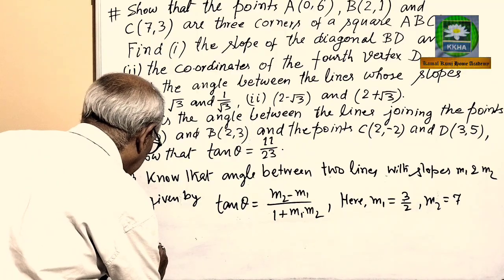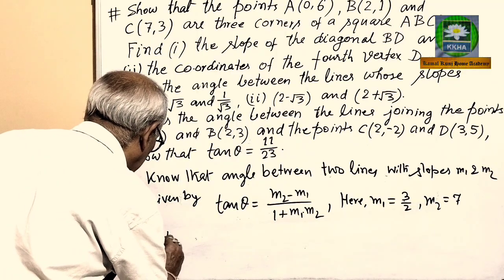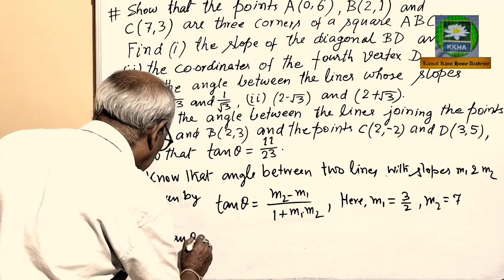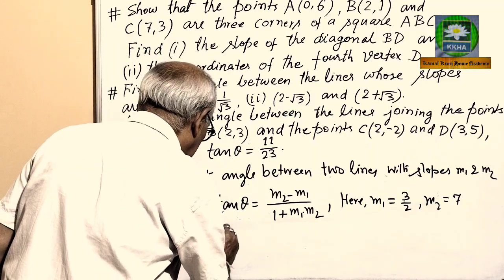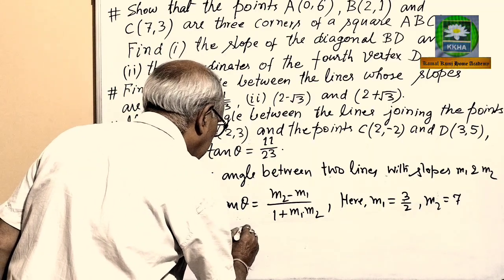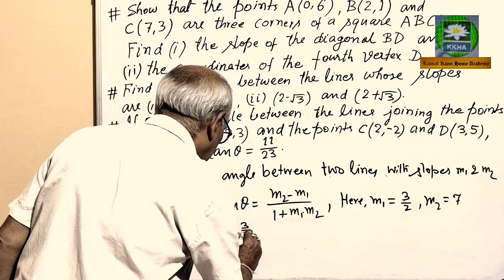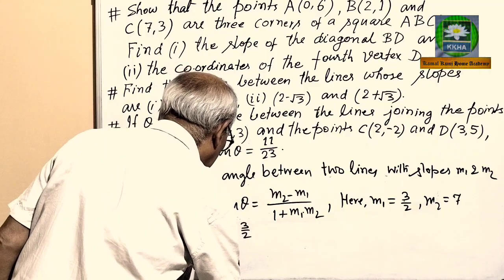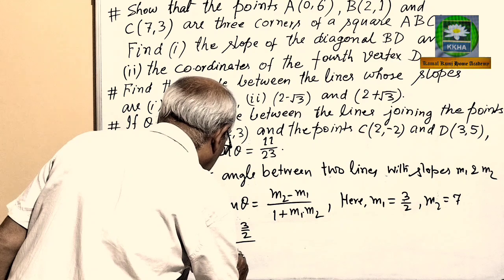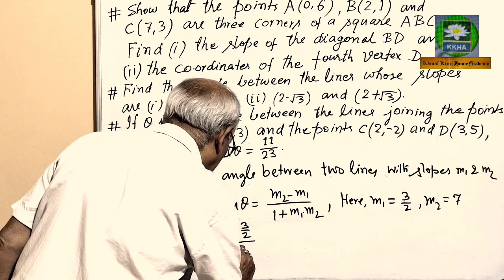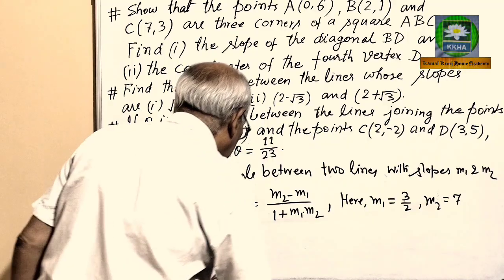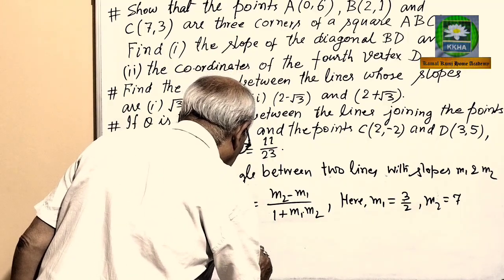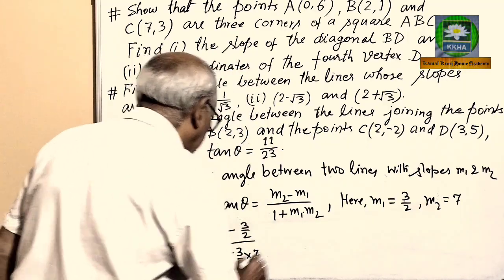This implies that tan theta is equal to 7 minus 3 upon 2 upon 1 plus 3 upon 2 into 7.